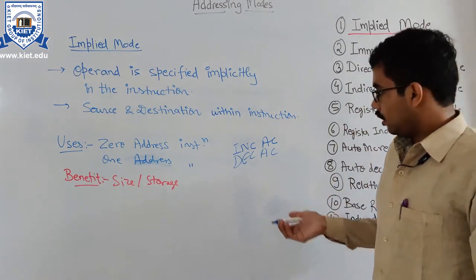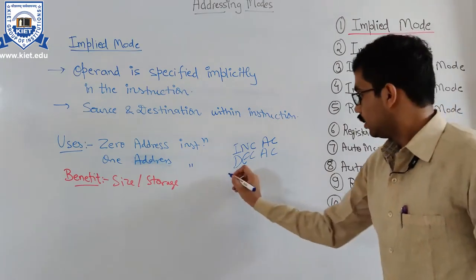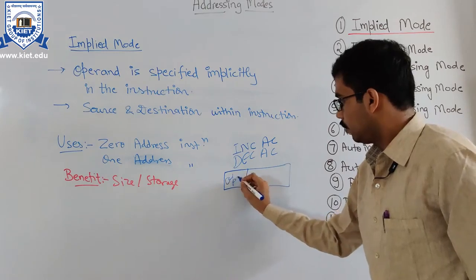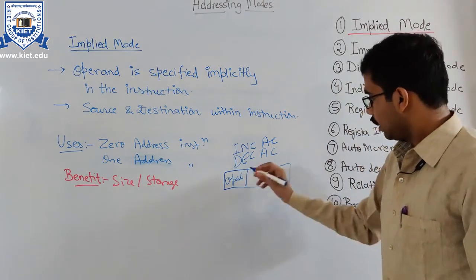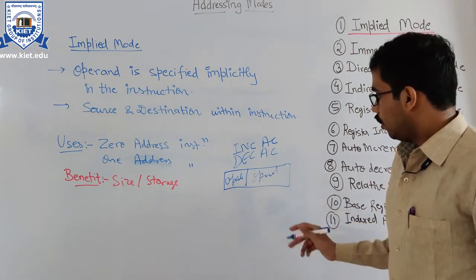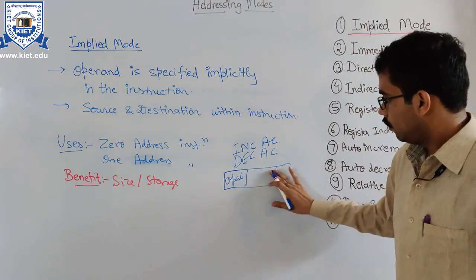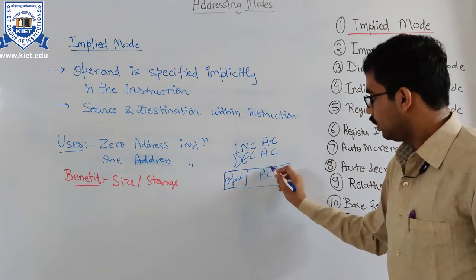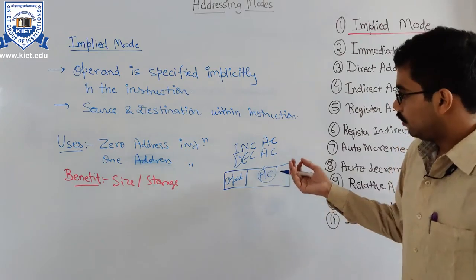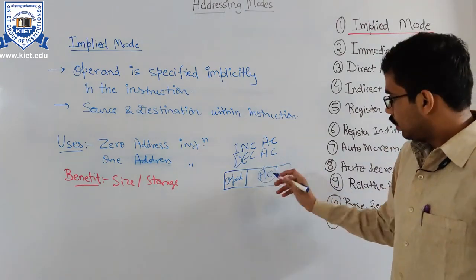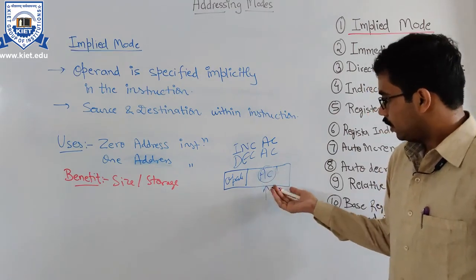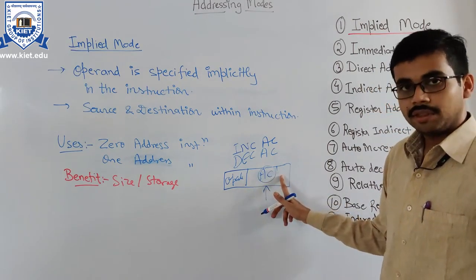In this instruction we have some opcode, and with the opcode we have some operand. In the operand field, it is given as accumulator. If we have to increase the value by 1, it will just increment the value of the operand by 1.